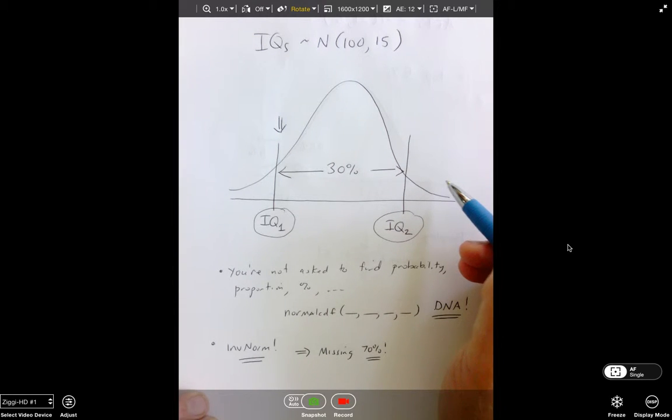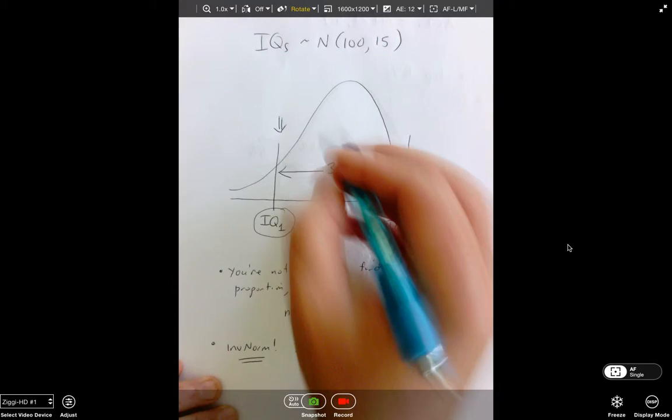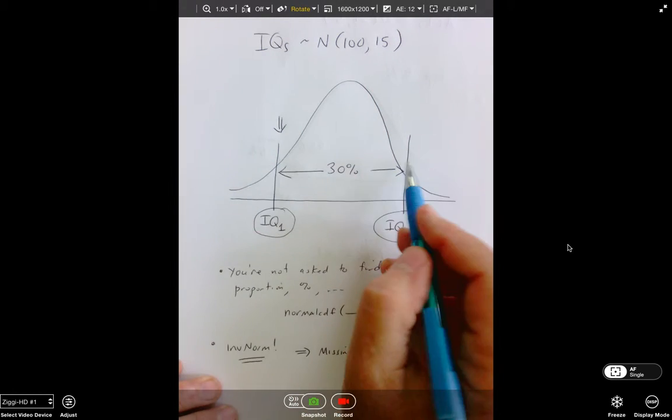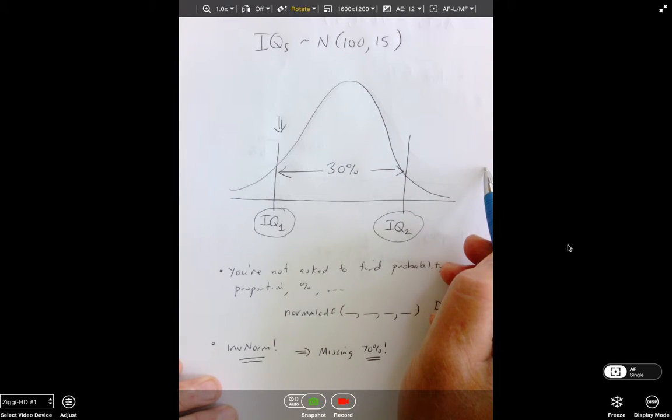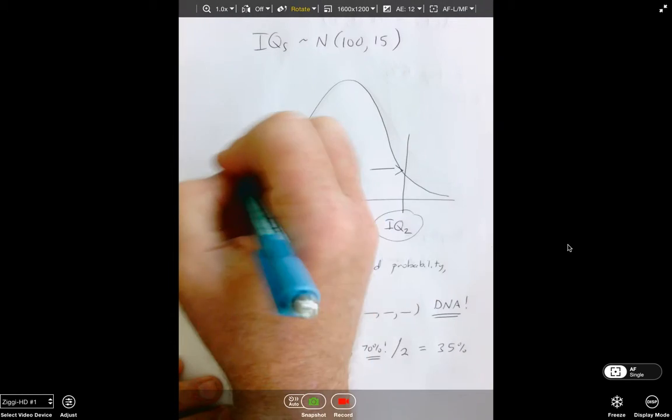We don't just do like 90% of them. We do all of them. So if we take 100% minus 30%, we know what goes out here and what goes out here. Because of symmetry, I can divide this equally to see that I have 35% in each area.